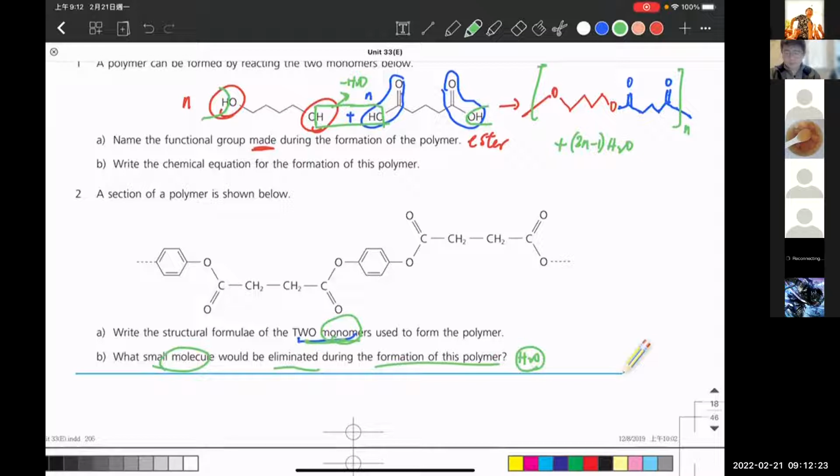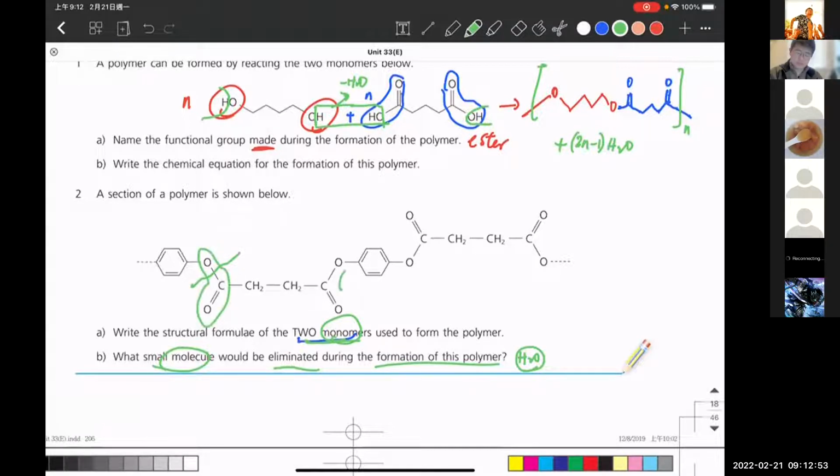Can you find out the two original materials inside? How will you chop? What I mean is, how will you chop that two substances? For example, if you start this one as a start, you may find the ester linkage, right?